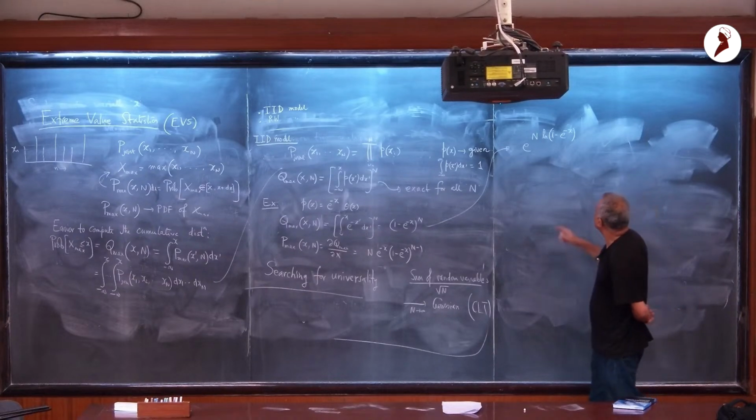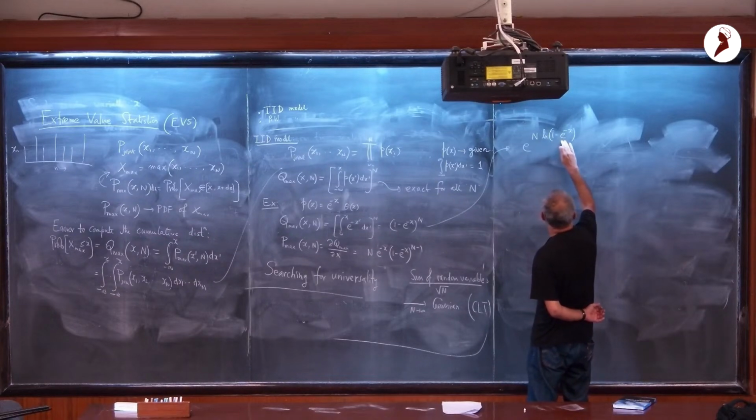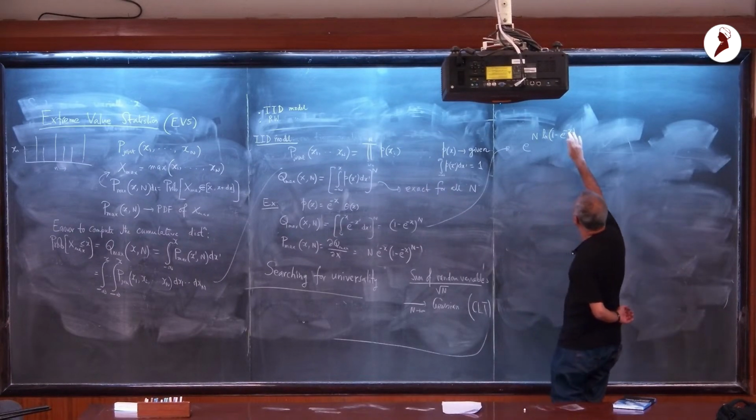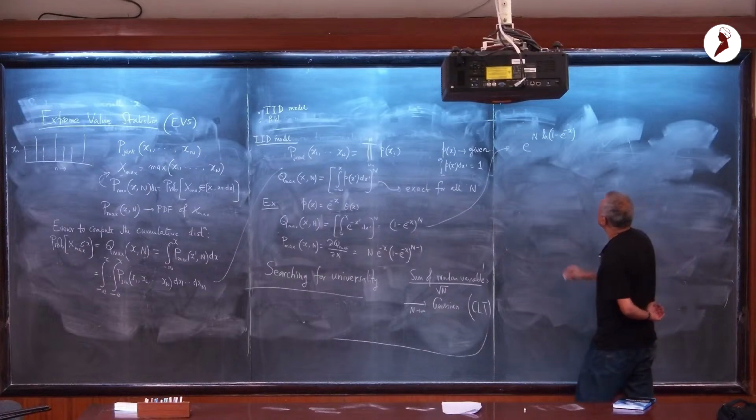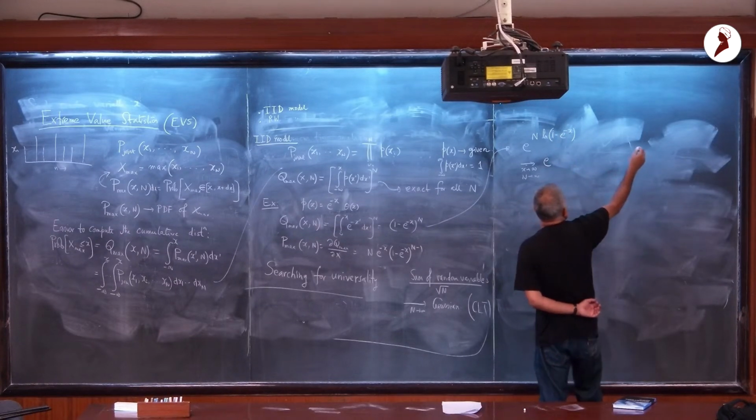So how do I do that? Clearly for large n, this has to be small in order to make it an order 1 quantity. How can it be small? It is small only when x is very large. So I take large x and large n both. If I take large x, e to the power minus x is very small, so I can expand the log.